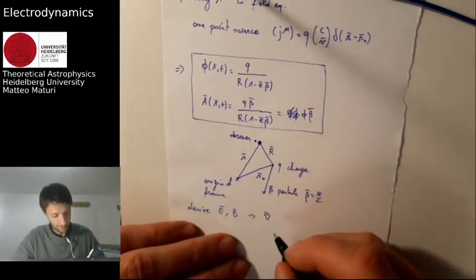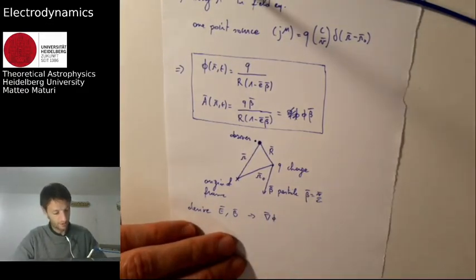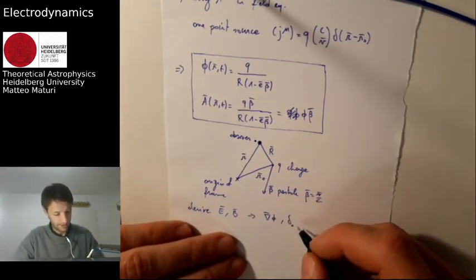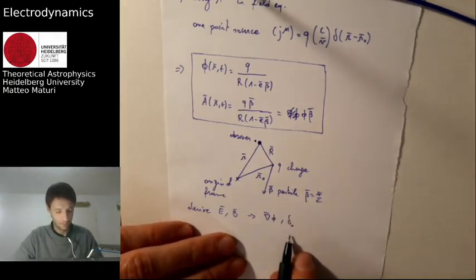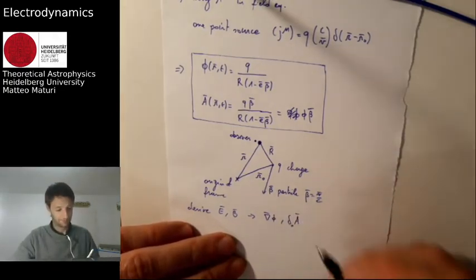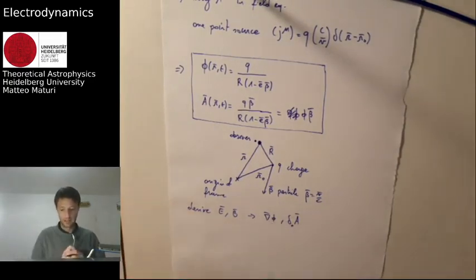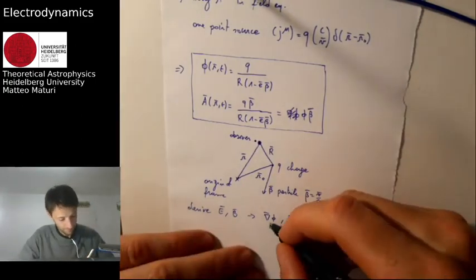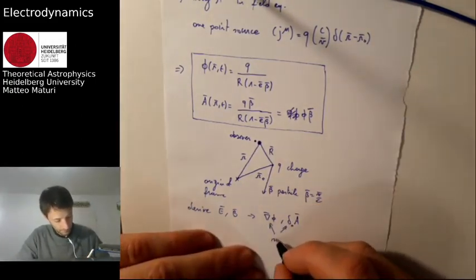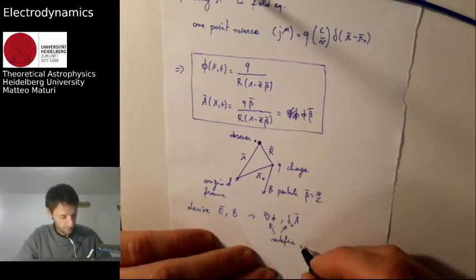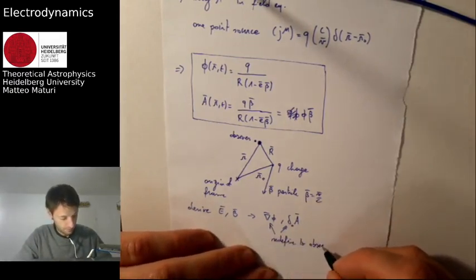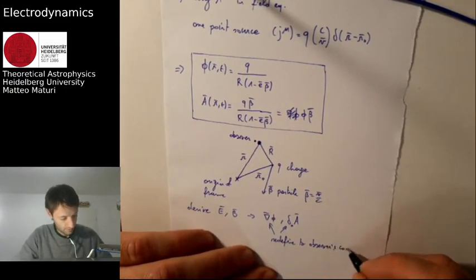So they are expressed in terms of the gradient of phi and a time derivative, you see delta 0, that's d over dx0, so it's a time derivative of A. Okay, so here you see that there are derivatives, but these derivatives have to be defined in terms of the observer's coordinates, observer frame.